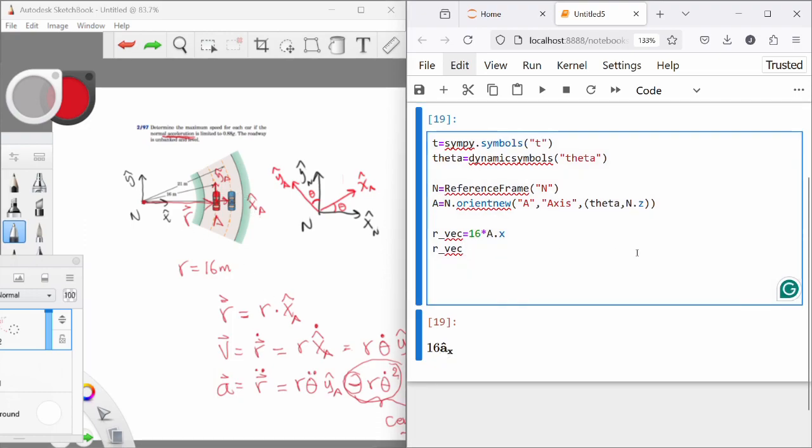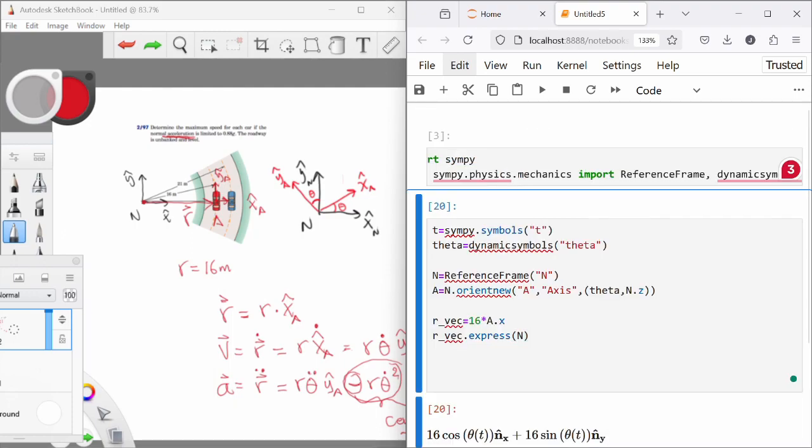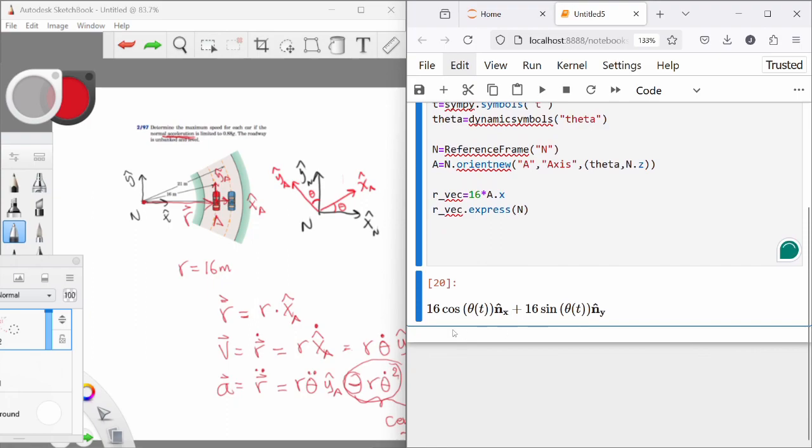We can transform that into the n coordinate system, into the n reference frame, by using express n and arrive to the previous conclusions we arrived at.